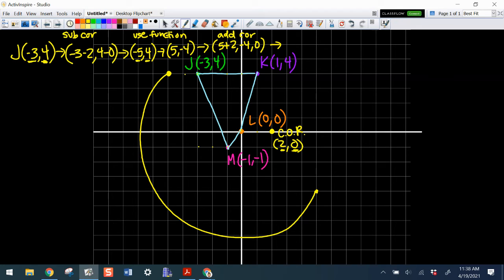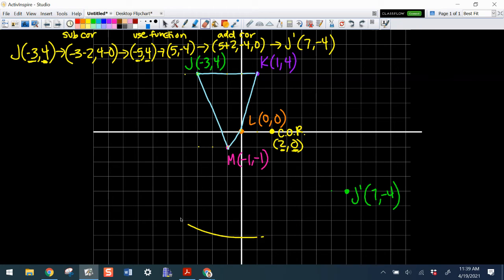It is a long process here, and some of you might find some shortcut ways to approach this, but this is definitely a method that does work. So J prime will be located at 7, -4. Again, notice what I did is that now I just shifted it back 2 units to the right.